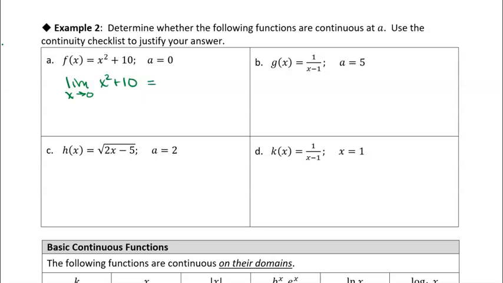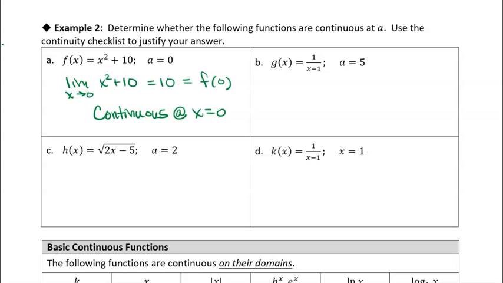That limit is 10, and that is the same as f of 0. All right, so the limit exists, the value of the function exists, and they're equal to each other, so that means this function is continuous at x equals 0, right?